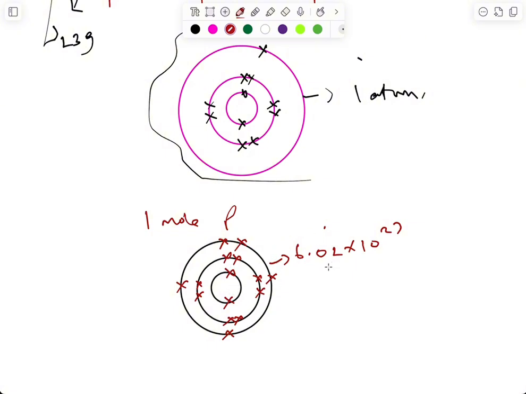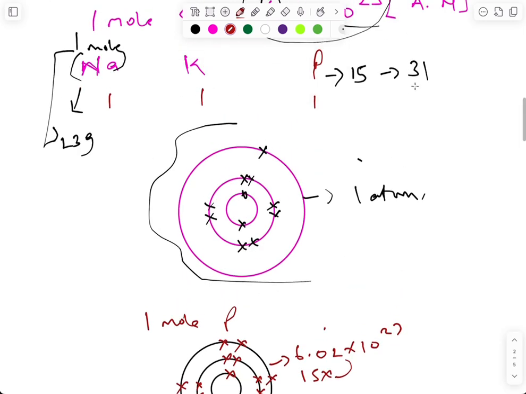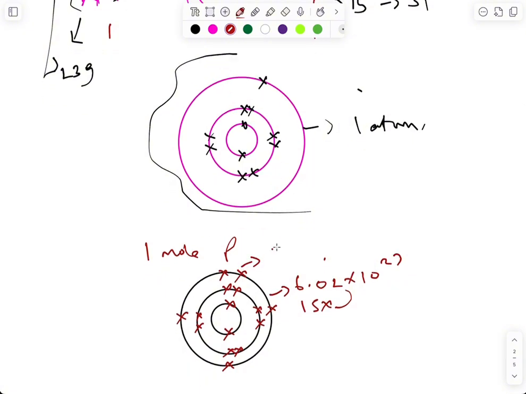Another thing we're saying is that the number of protons in one atom is 15 protons. It implies that the number of protons in a mole of phosphorus will be 15 times this number. Now, what will be the weight of this? The weight is 31 grams. So let's go by what we did in the case of sodium.